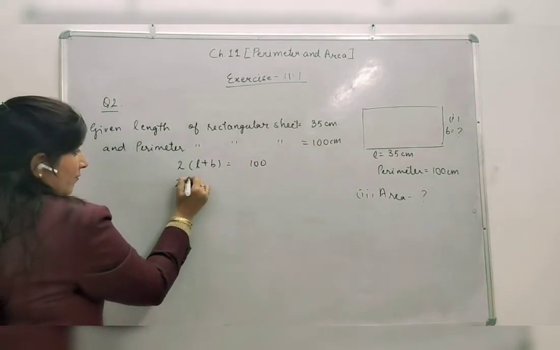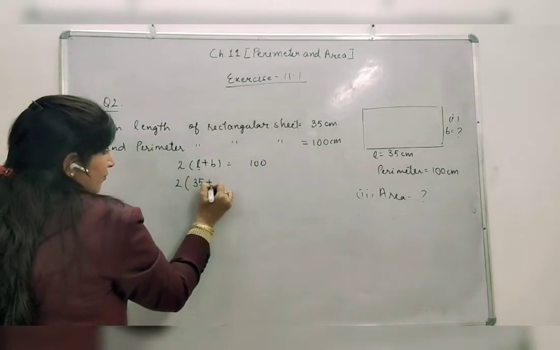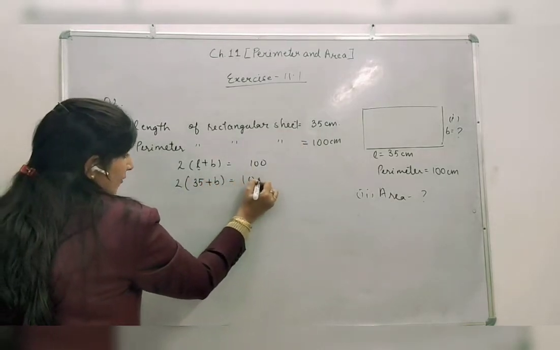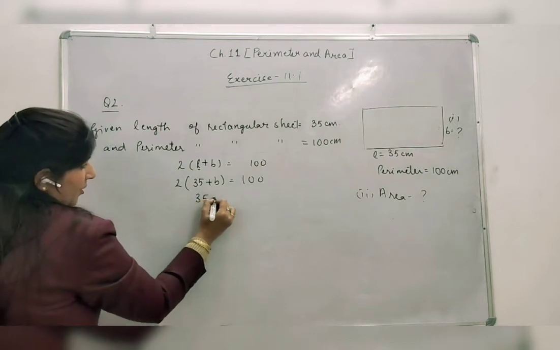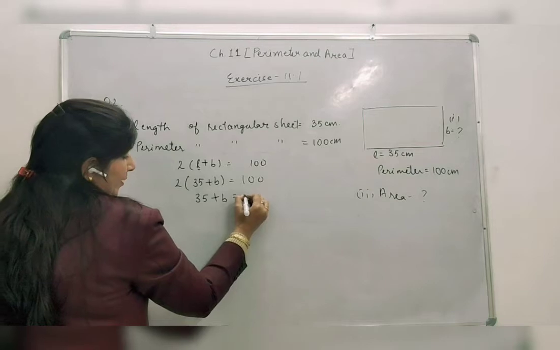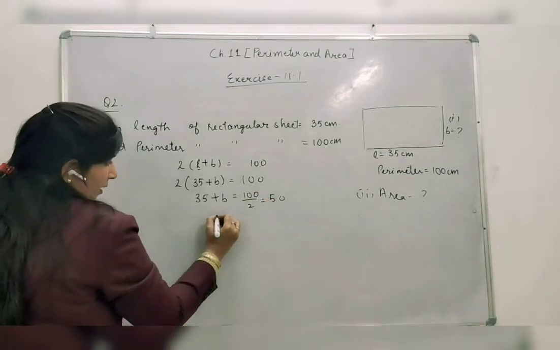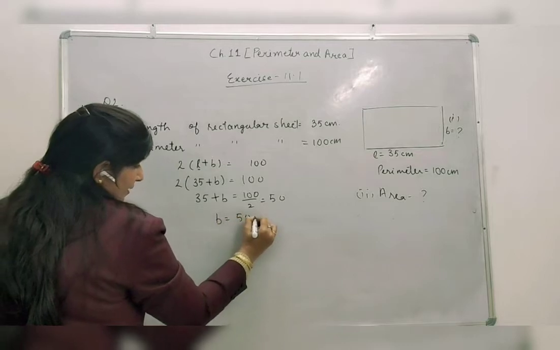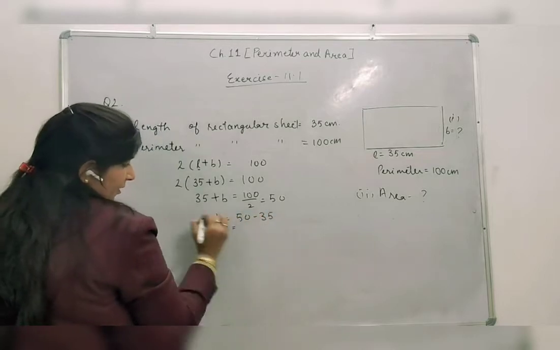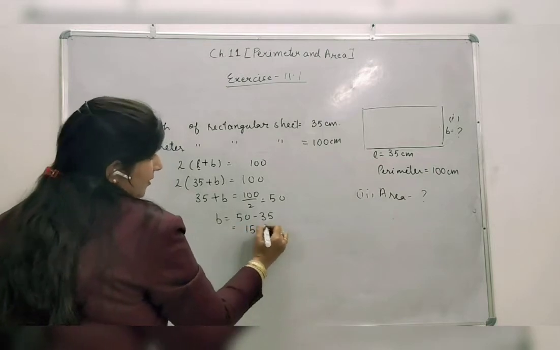Now we put the value of L, 35 plus B equals 100 divided by 2, which comes out to be 50. Now B equals 50 minus 35. We have transposed 35. Now 15 is left. 15 centimeter is the breadth.